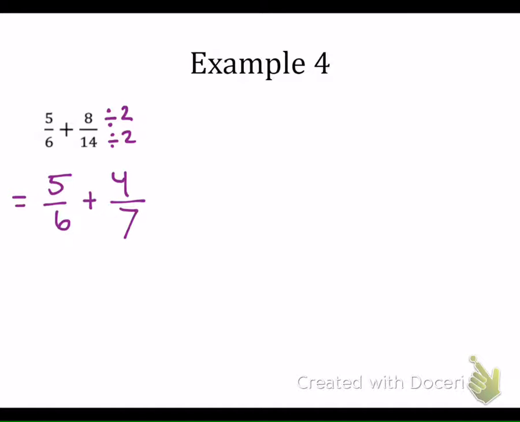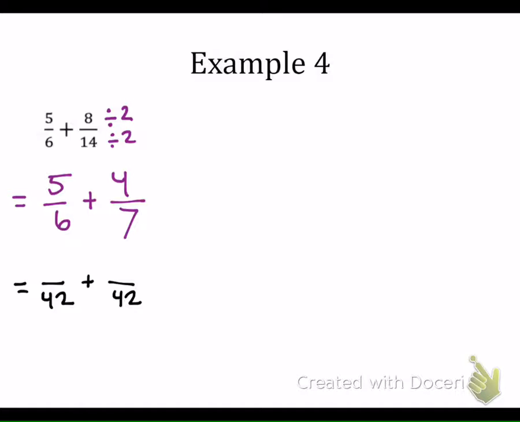Now, I said it wasn't going to be super helpful because I still don't have common denominators. So I can't really go right into the addition yet. I have to find a number that 6 and 7 both multiply into. So I think 42 is going to be our only option here. So let's go ahead and turn both denominators into a 42.